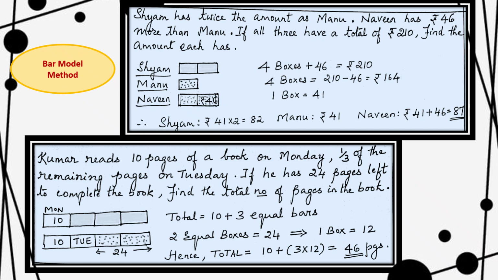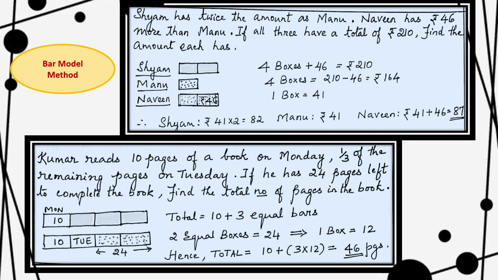Next one. Kumar reads 10 pages of a book on Monday, one third of the remaining pages on Tuesday. If he has 24 pages left to complete the book, find the total number of pages in the book. So I am using the rectangular bars to represent my interpretation of the problem.